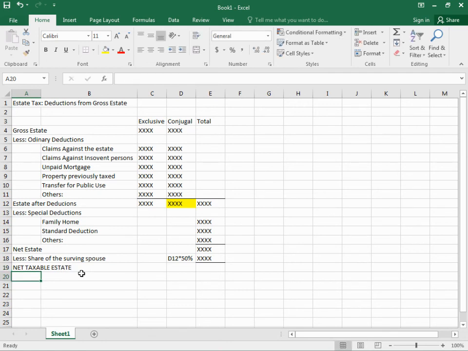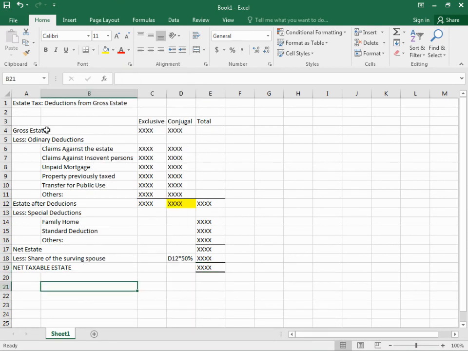Multiplied by our estate tax rate of 6%, then we will have our estate tax payable. Okay? Ayan, so ulitin lang natin.